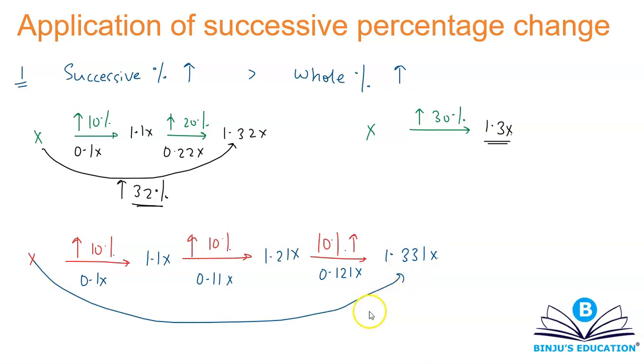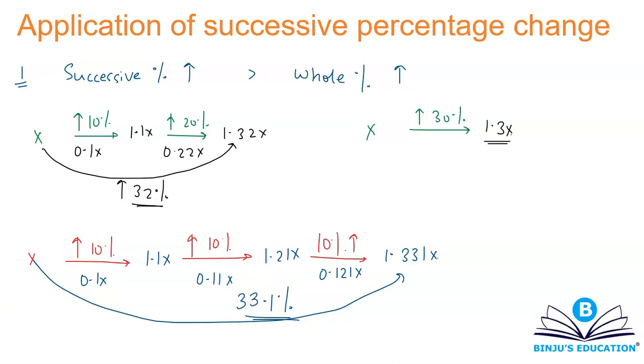So you can see that the overall percentage change is 33.1%. So basically the point is, the successive percentage increase is always greater than whole percentage increase. This is the first application of successive percentage change.